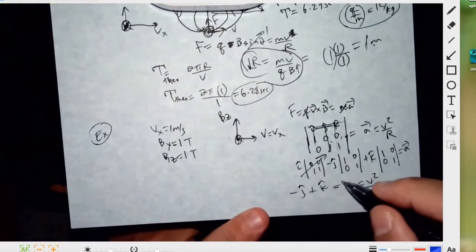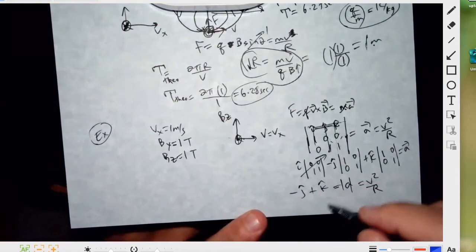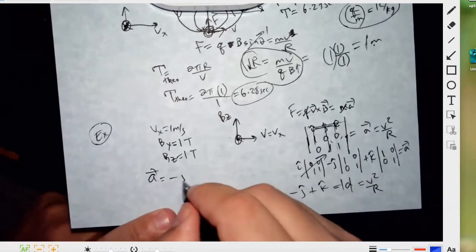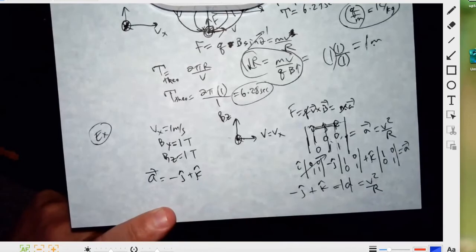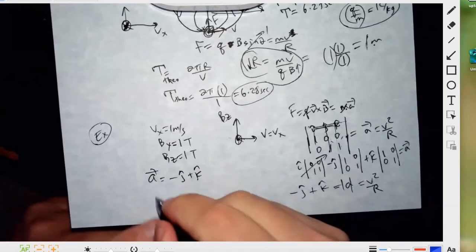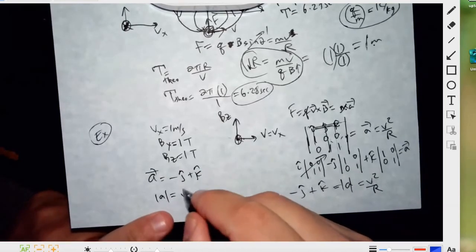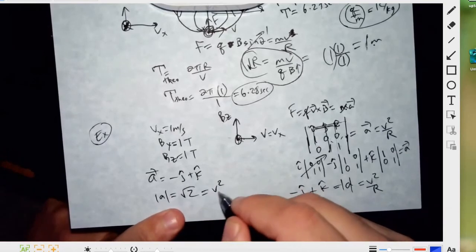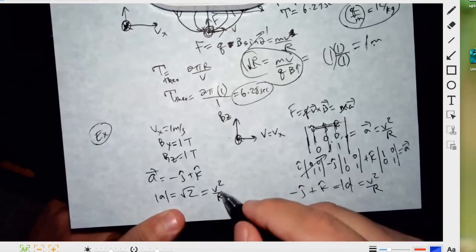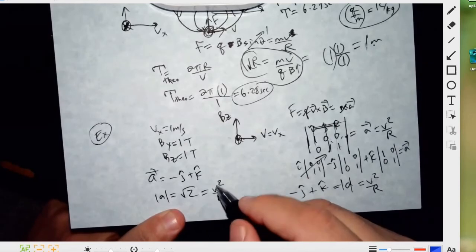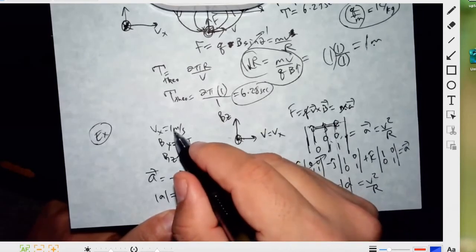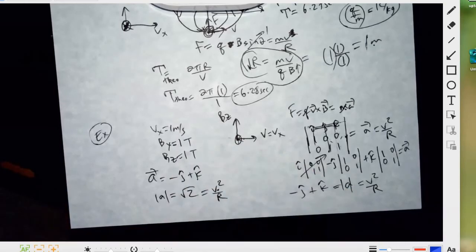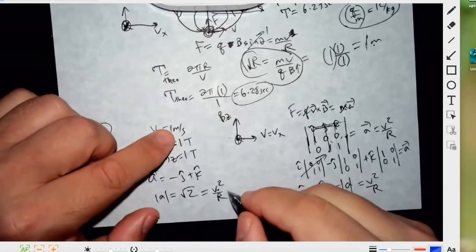So therefore, the magnitude of the acceleration is going to be what? The a vector is negative j plus k. The magnitude of the acceleration is going to equal square root of 2, and that's going to equal velocity squared over r. In our case, the velocity is 1, right? 1 squared.